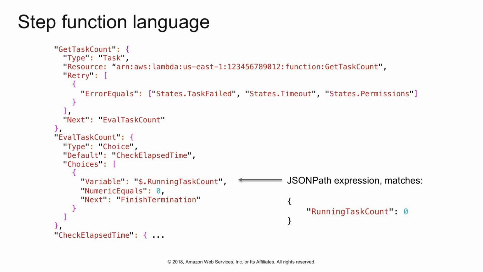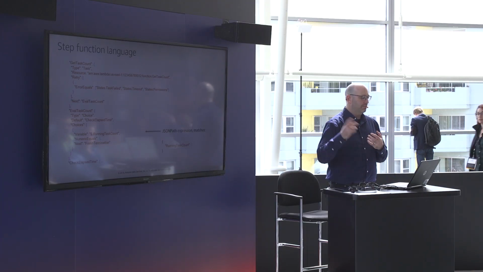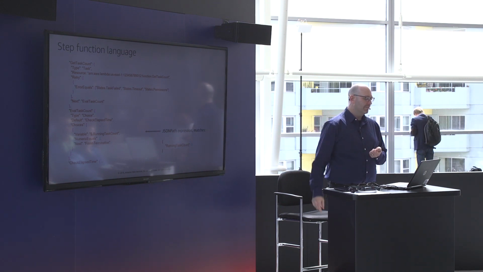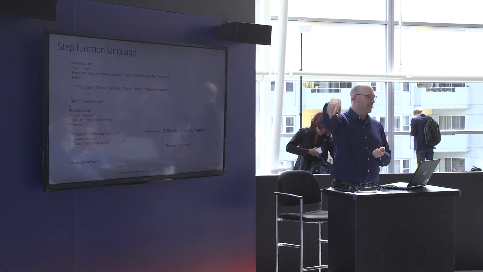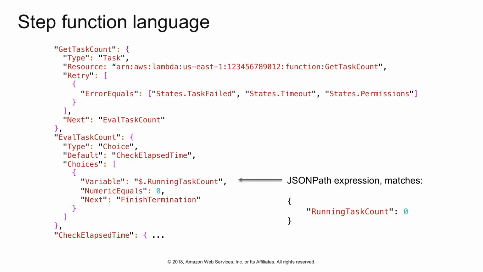Step functions also provide for retries and exception handling, so you can declare a catch as well if it fails. So we will retry with an exponential backoff if some sort of error has occurred. And then next is the vertex, basically, the link to the next step in the step function. So eval task count is the next node, or edge, if you prefer, in the step function graph.